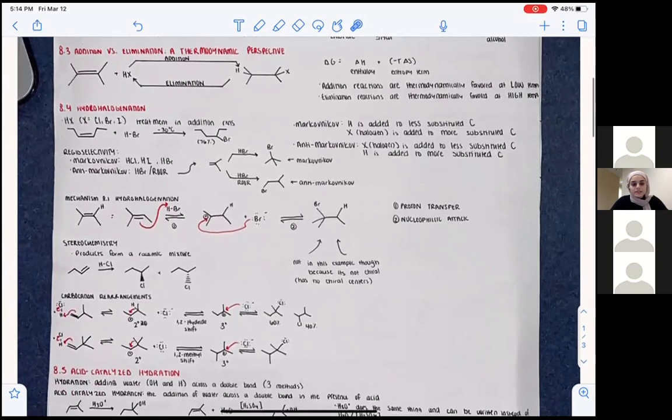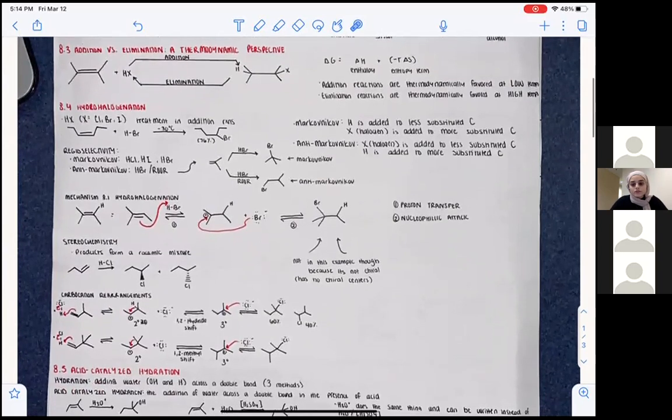Now we're getting into mechanisms. If you guys remember from the last review, I was talking about how we have 4 basic things and the rest of Orgo 1 is based off of them. So we put those 4 things together and then we get all of these different types of mechanisms.